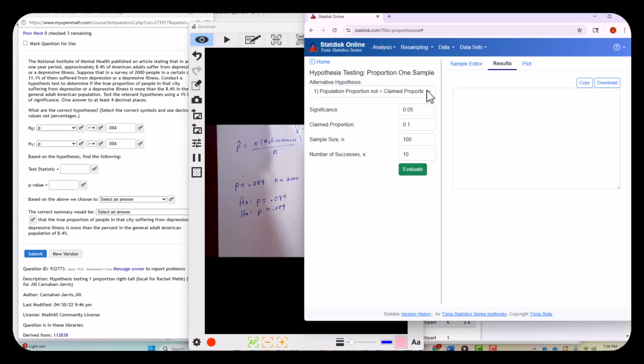Our alternative, by default, is not equal, so our alternative is going to be greater than. Significance, 0.01. Claimed proportion is 0.084. The sample size is 2,000.